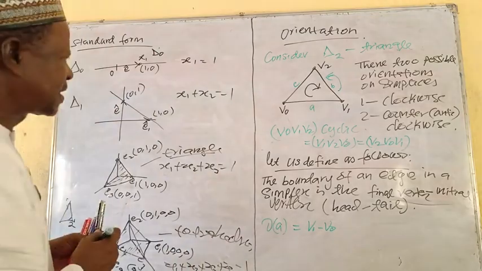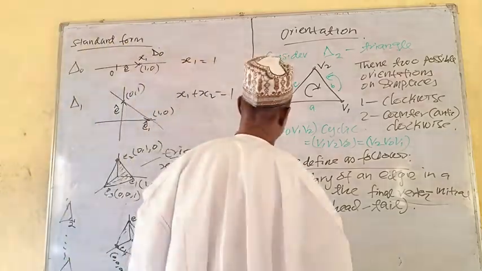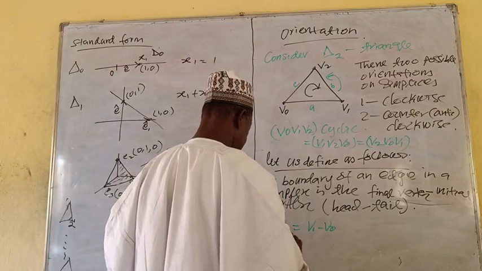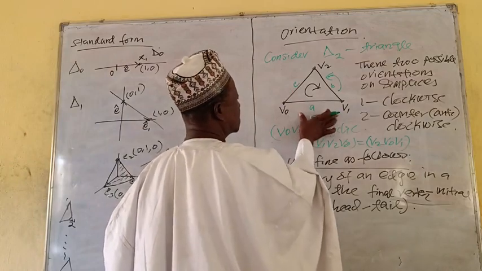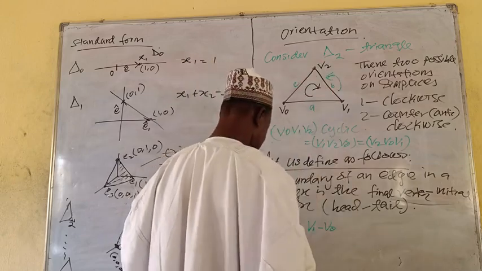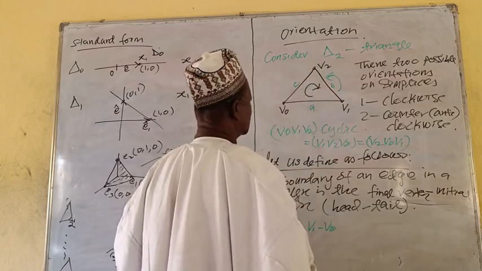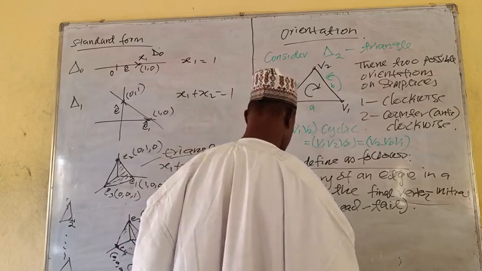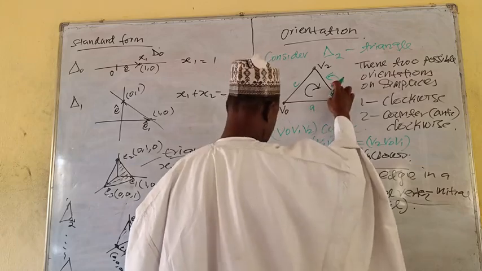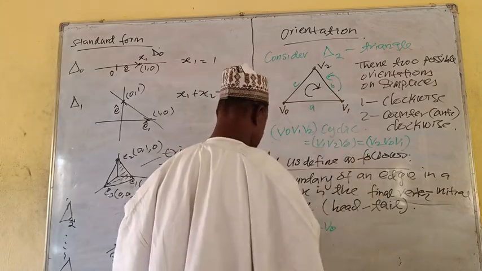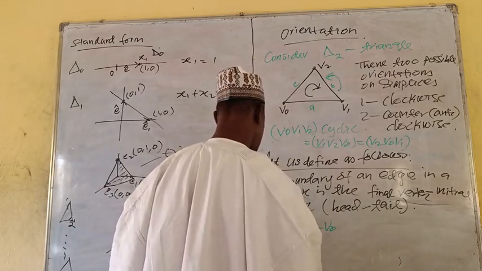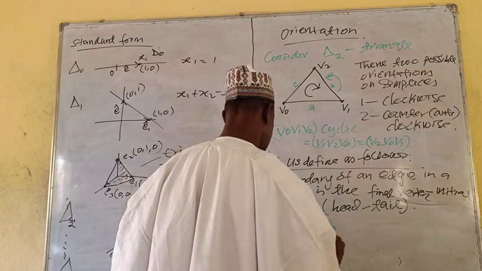What if you are now taking the edges? You say A minus B. What is the boundary of A minus B? Minus, isn't it? So you say the boundary of B will be what? B2 minus, in that case it will be B2 minus.